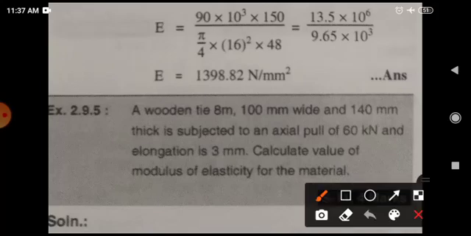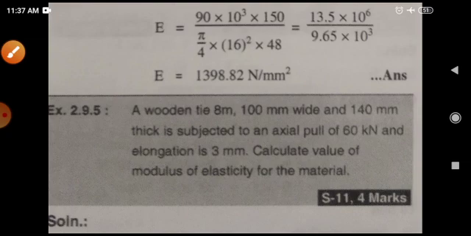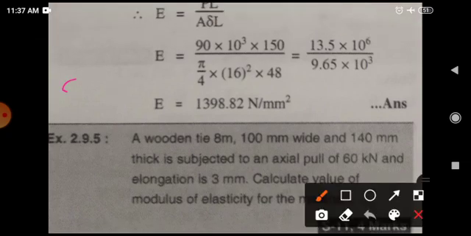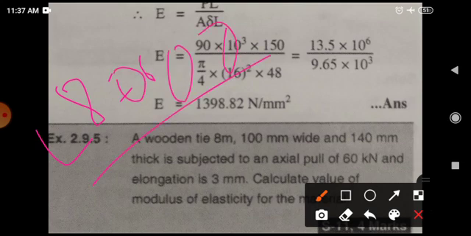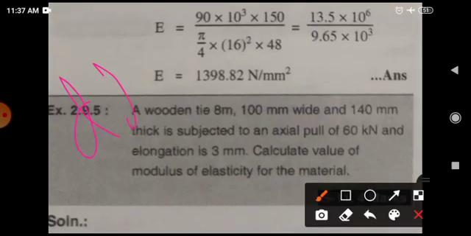So how will you calculate the cross section? Width into thickness, that means 100 into 140 millimeter, so it will be 14,000 millimeter square, the area of that cross section. Its length is what? Capital L is 8000. So you can write this given data and solve this problem. Elongation is DL, given as 3 millimeter.